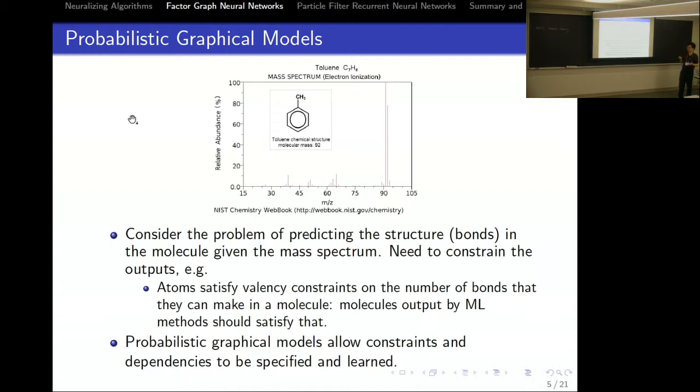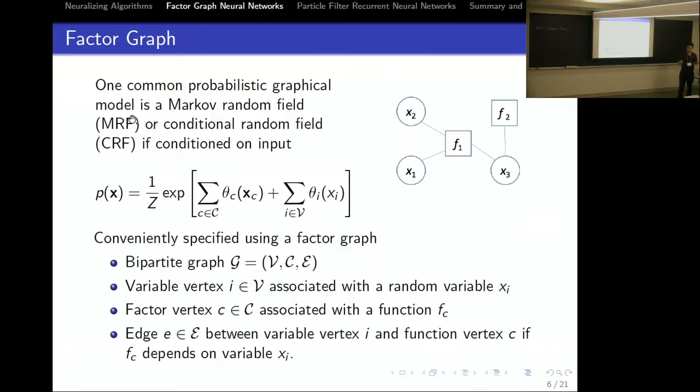In this sort of problem, we have constraints that we might want to put in. It's known, for example, that atoms satisfy valency constraints. A carbon can only be connected to four other atoms, out of 20 other atoms in the molecule, so it is restricted to 4. So we might want to put in this sort of constraint. Graphical models provide methods to do that.